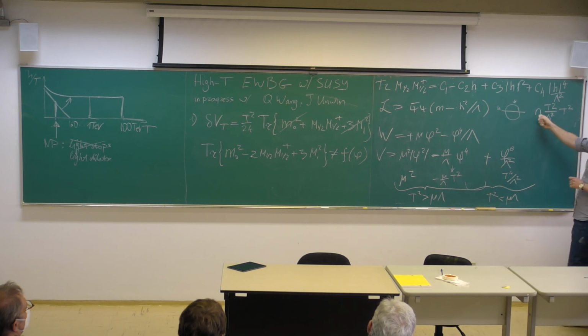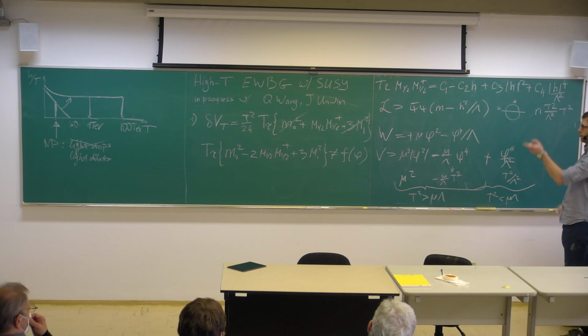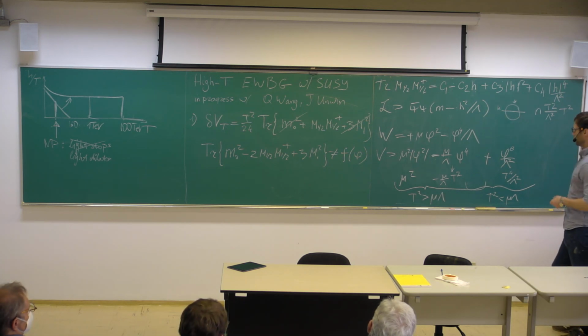And I said that by taking large n, you can actually make this subdominant compared to the leading correction. And you can do precisely the same thing here.